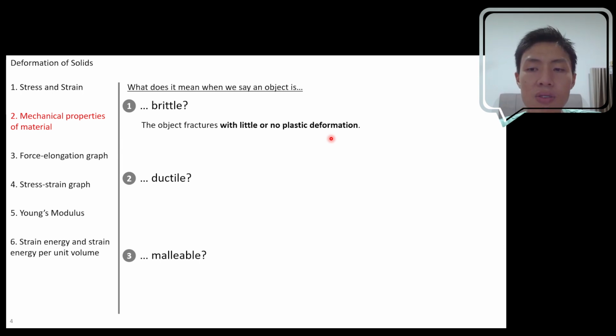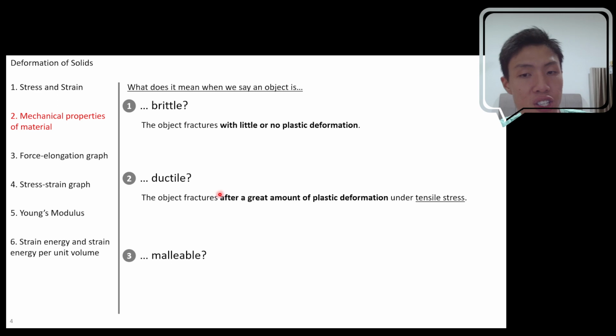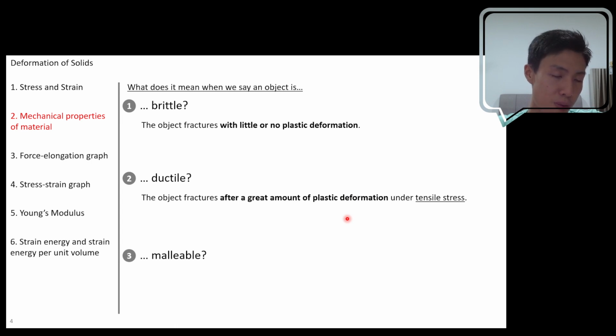The next term is ductile. If we say an object is ductile, it means that the object fractures after a great amount of plastic deformation under tensile stress. Tensile means we are pulling the specimen. So the object will only break after a great amount of permanent or plastic deformation. When you stretch a specimen, it will undergo some permanent deformation.